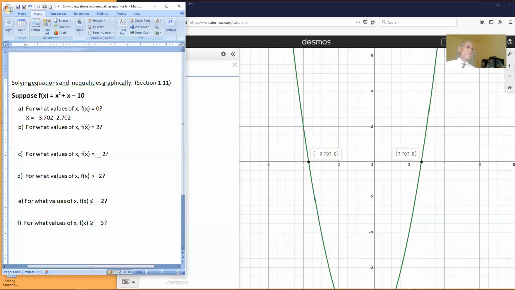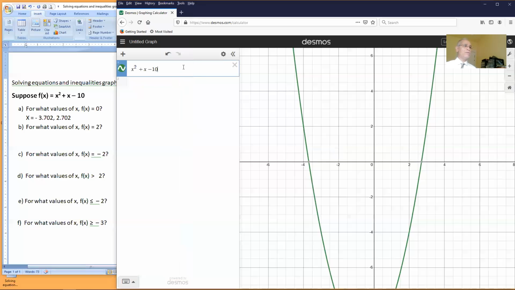Part B, for what values of x, f of x equals 2? Okay, so I'm going to go ahead and graph y equals 2. Okay, it didn't recognize it, so I'm going to put 0x plus 2.